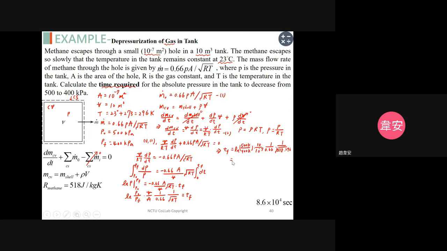You can use your calculator to calculate the answers. The first is 5 divided by 4, the pressure ratio, so the ln of the pressure ratio is 0.223.